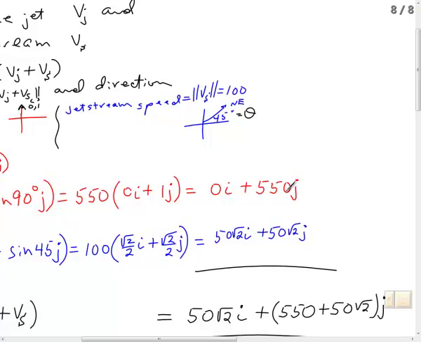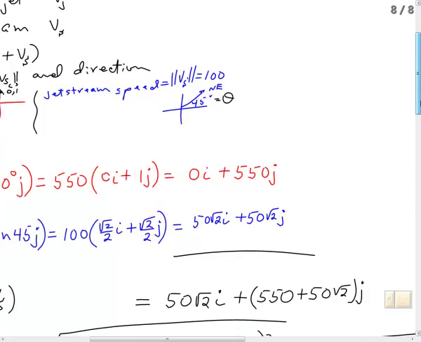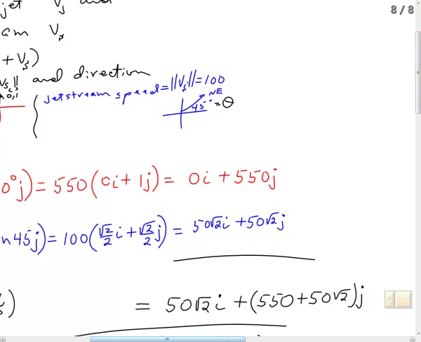And then 550j plus 50 square root 2 j, since these two cannot be added together, we would just leave it as (550 plus 50 square root 2) j. And just leave it like that. It's real easy. So that is our true velocity of the jet in relation to the jet stream.